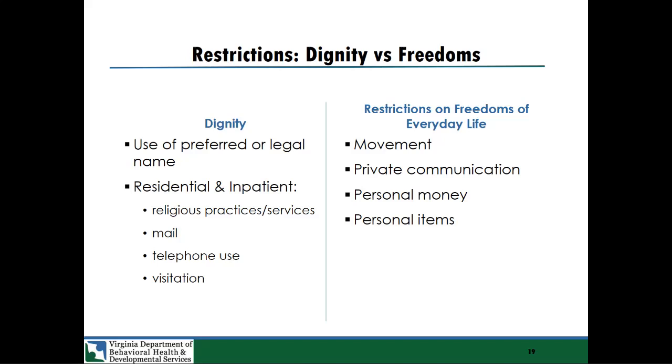The need for any restriction of an individual's dignity must first be assessed by a licensed professional. The continuation of the restriction must be reviewed monthly and must be reviewed by the advocate and the LHRC prior to implementation.